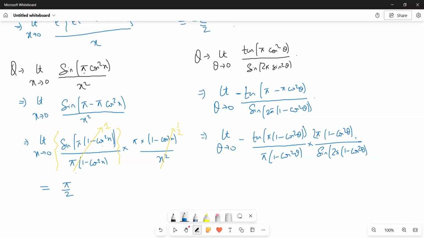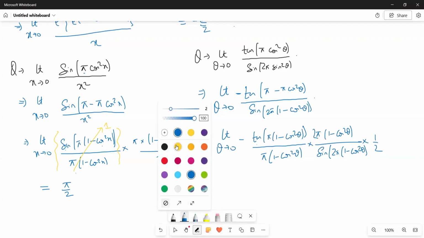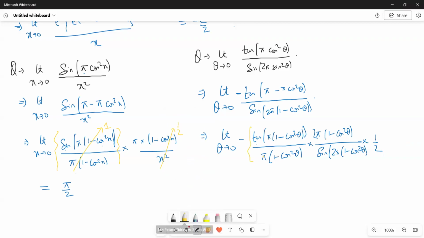So all we have to do is multiply and divide by 2 to get tan of something. So tan of something by that something as the something tends to 0, 1. फिर ये हो जाएगा sin of something by that something as that something tends to 0, 1 and half बचेगा.